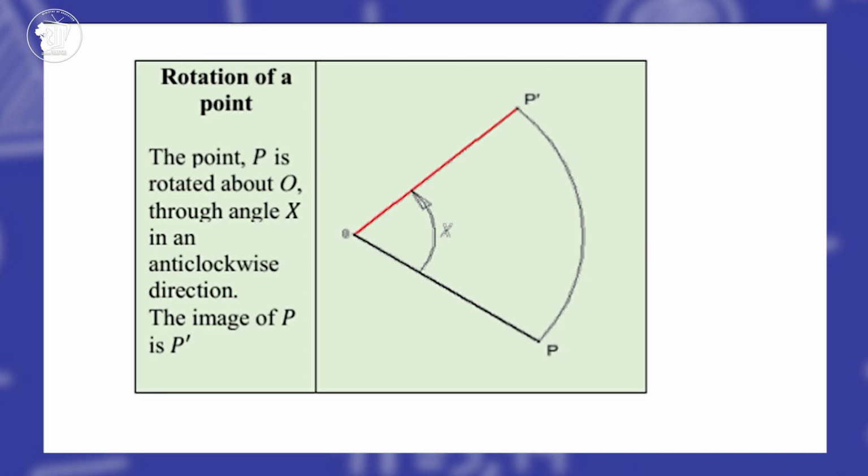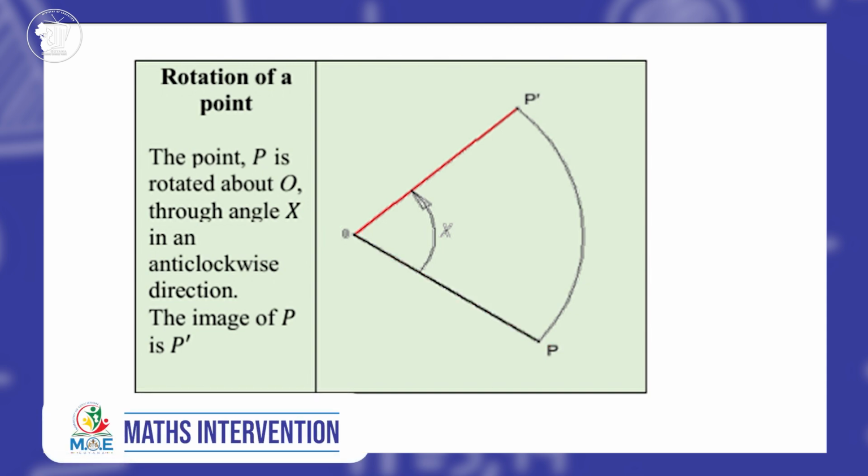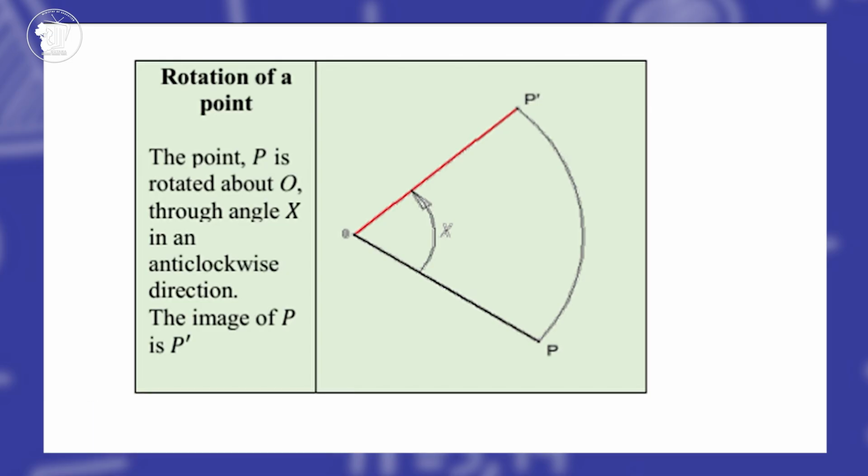So the point P is here. We draw a line from the point P straight towards the origin, which would be this line here. And then we measure the amount of degrees that we want anti-clockwise. We know clockwise is how the clock will read, and anti-clockwise will be in the opposite direction. So in this case, it's anti-clockwise, so we'll go into that direction.